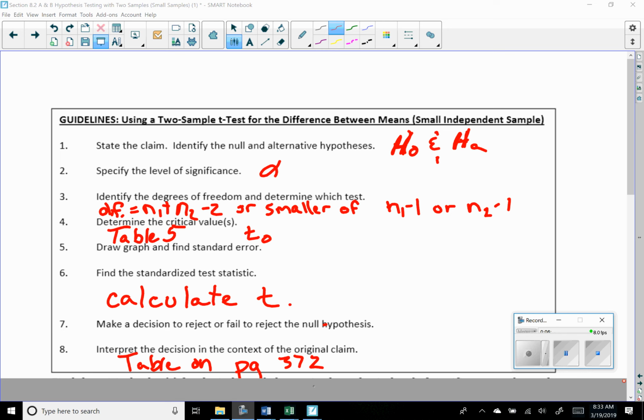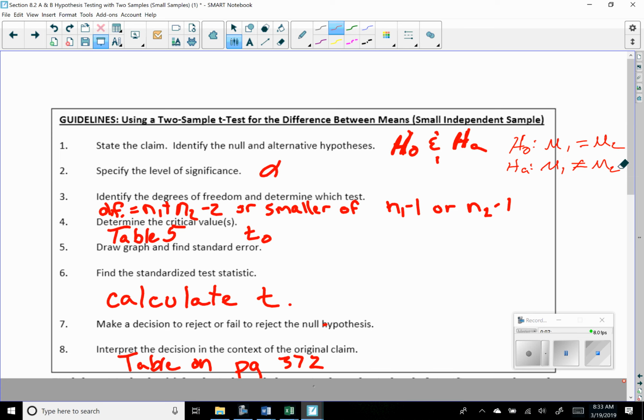All right, so the guidelines are as follows. Step 1, state the claim. Identify your null and alternative hypotheses. So much like yesterday, our null a lot of times here is going to be that mu1 is equal to mu2, and that the alternative is that they are not equal.